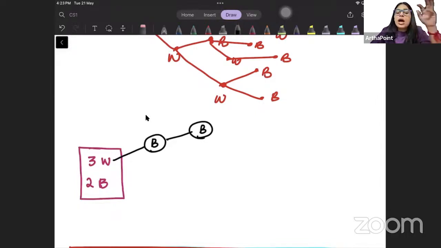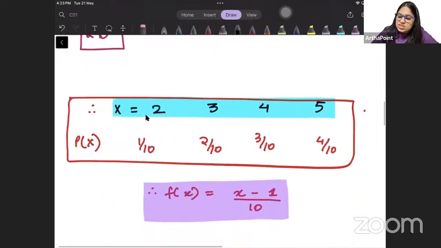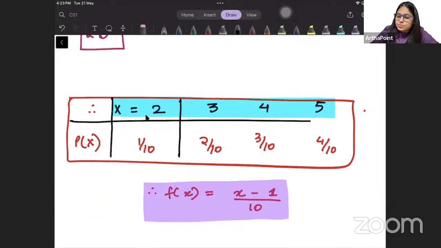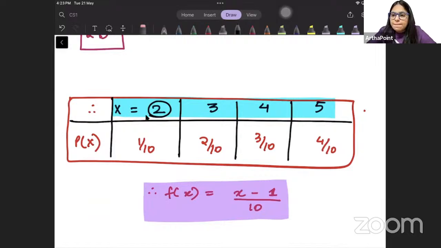It was asking how many times you have to draw till you draw the last black ball. Because I have drawn both the black balls, I am done, so the number will be 2. This is the first one, where my x is actually 2.